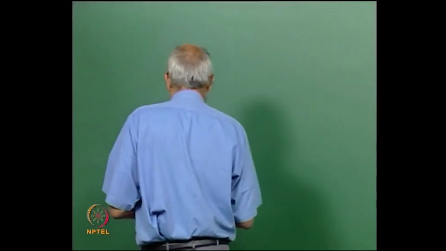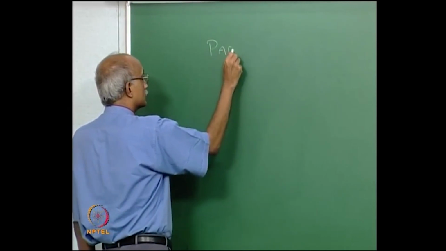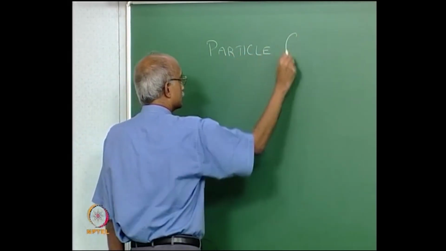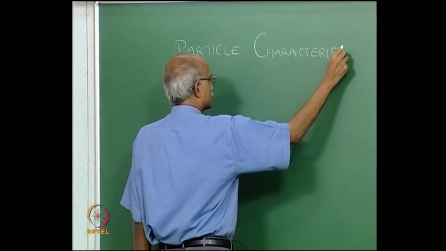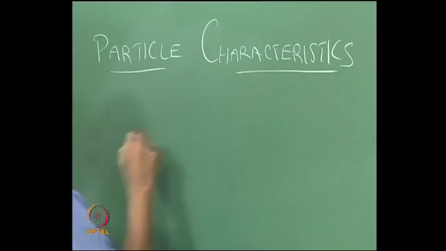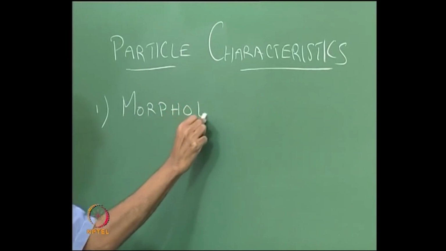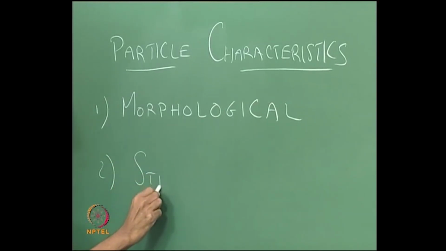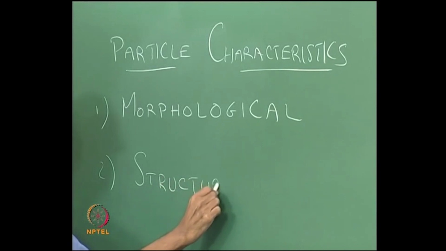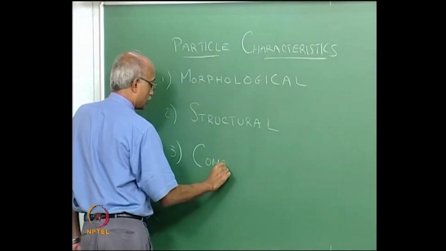Broadly speaking, the characteristics of a particle can be categorized as follows. The first is morphological. The second is structural. The third is compositional.